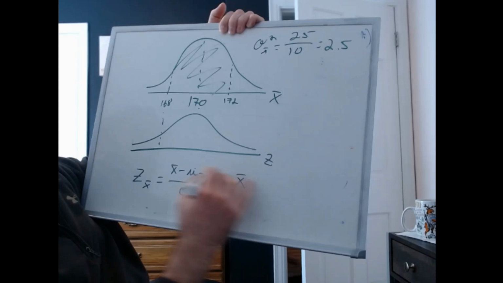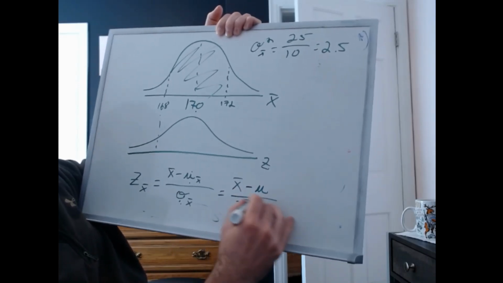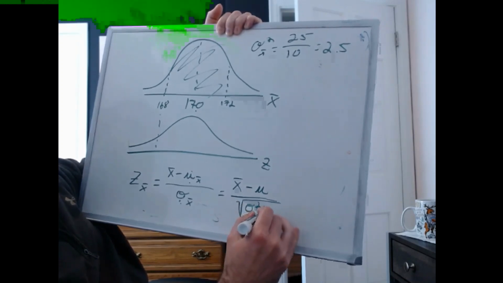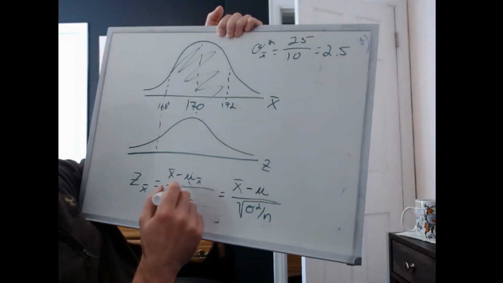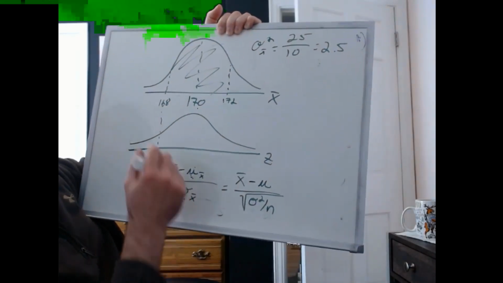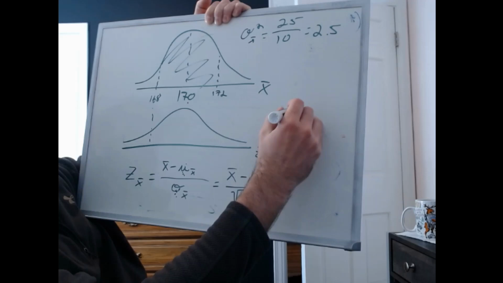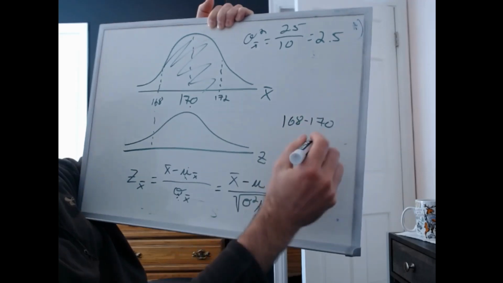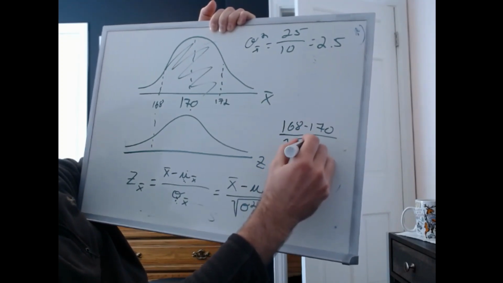If I plugged in the equations that I have for this, it should be something like this. So I could plug all the values in here, or I could remember I already know these two, which makes it easy. So I could take 168 minus 170, divide by the square root of 2.5.